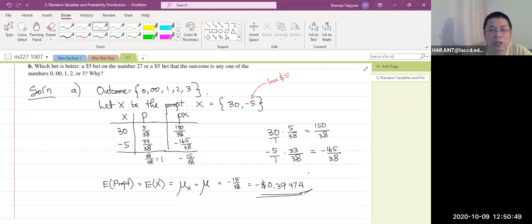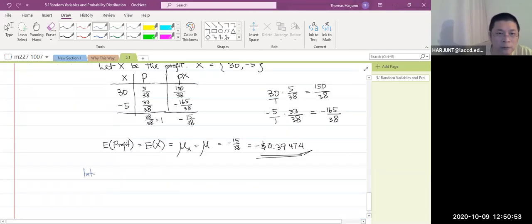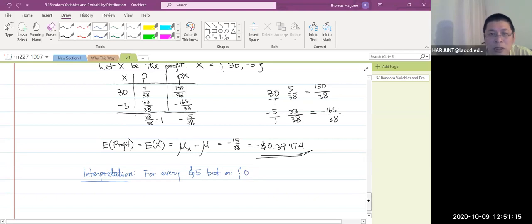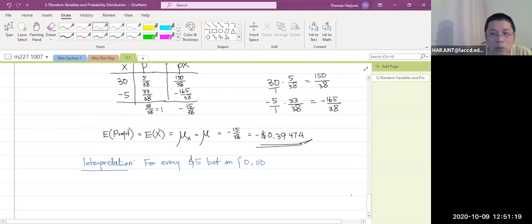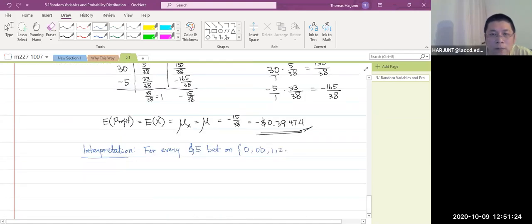Now, what does it mean? Interpretation. For every $5 bet on these numbers, 0, 0, 0, 1, 2, 3, every time you bet $5 on these numbers, the player expects to lose 0.39474 dollars.